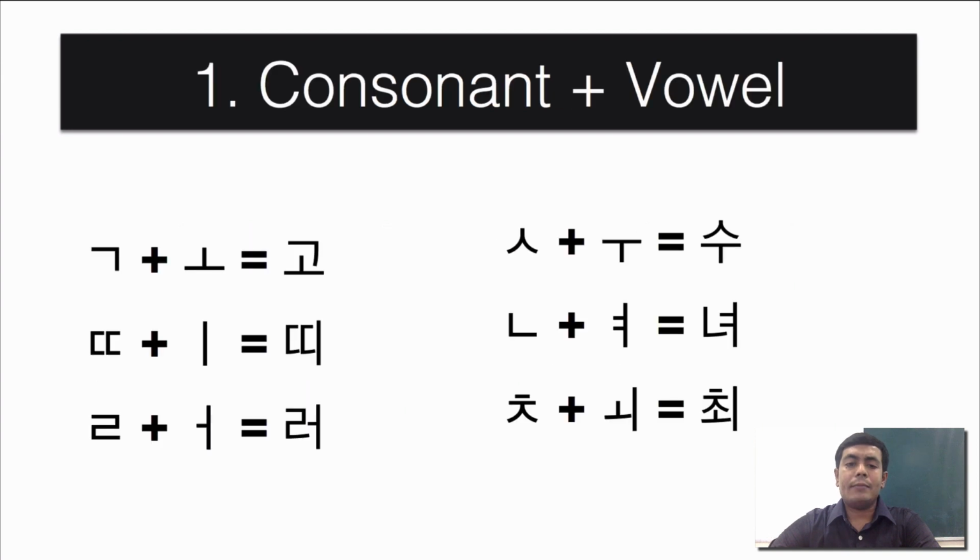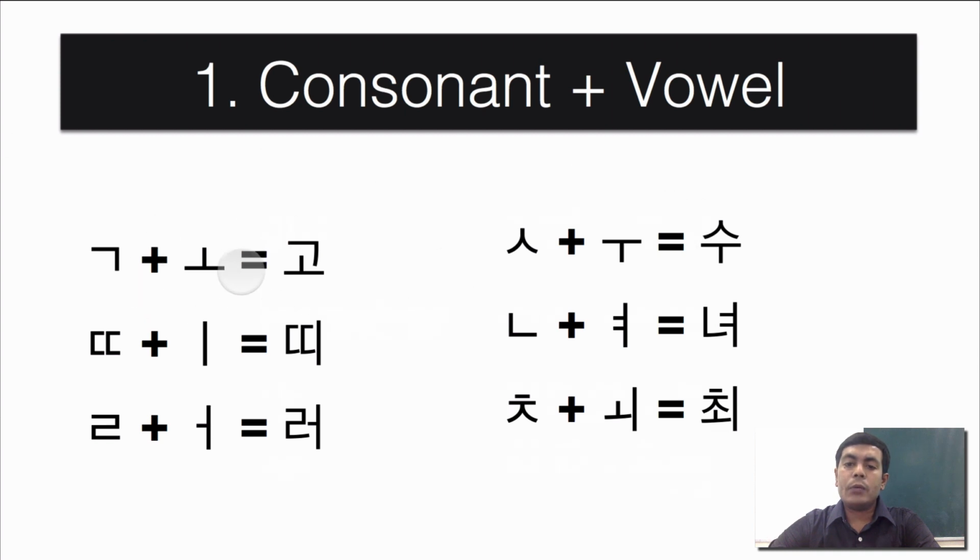Now let's have a look at some more examples of how we combine consonant and vowels. So here we see k plus o, ko, t plus e, te, r plus o, ro, s plus u, su, n plus yo, nyo, ch plus we, chwe.